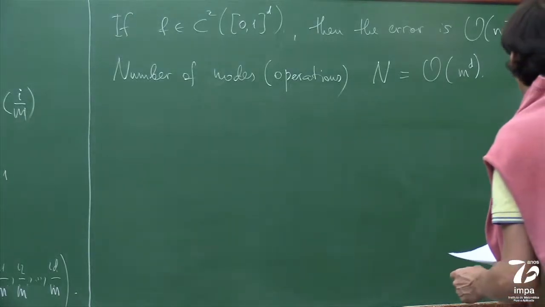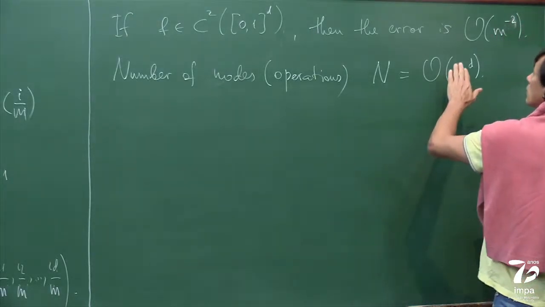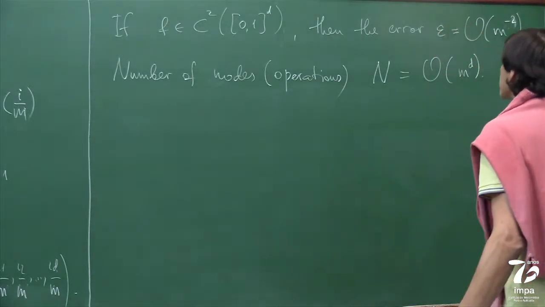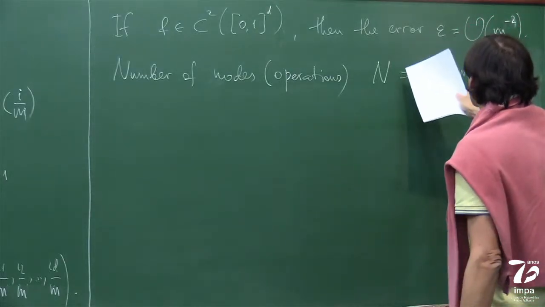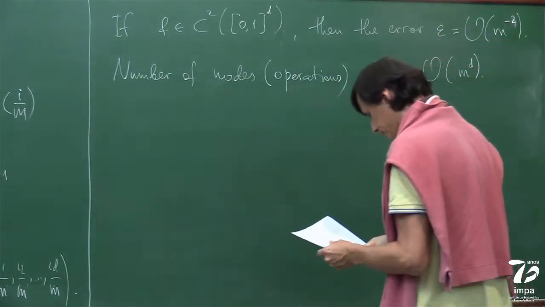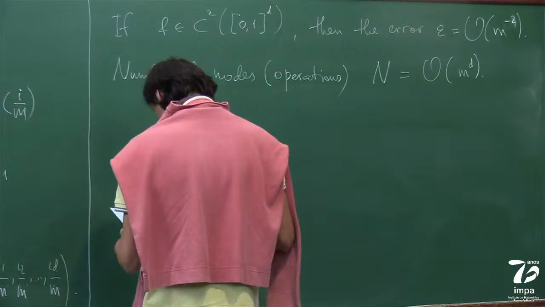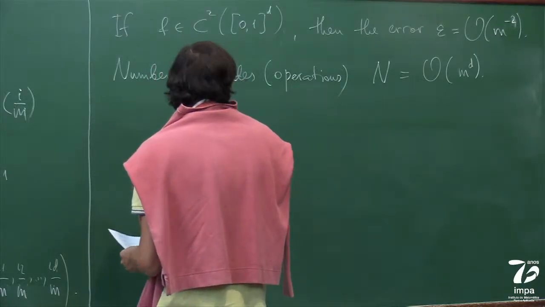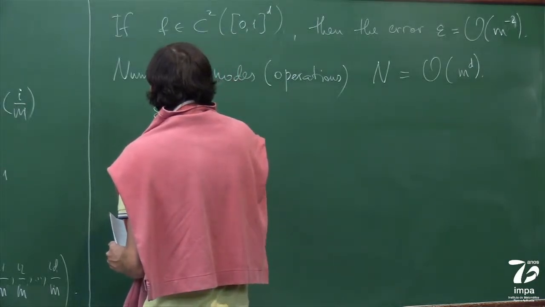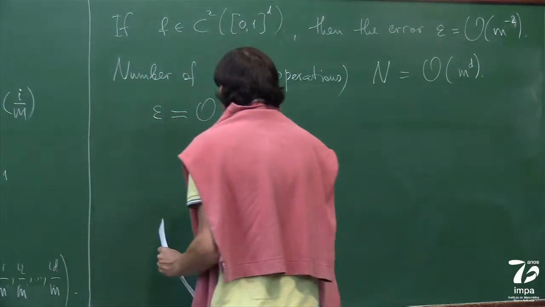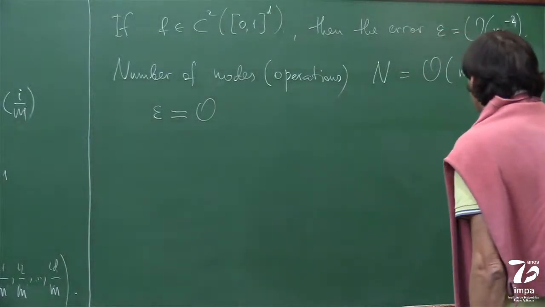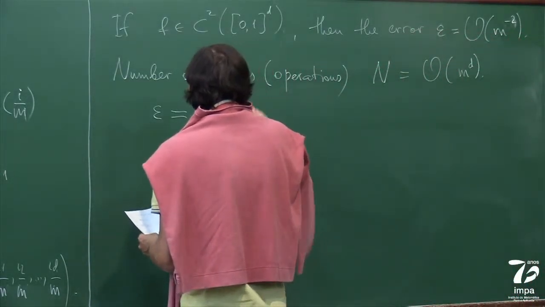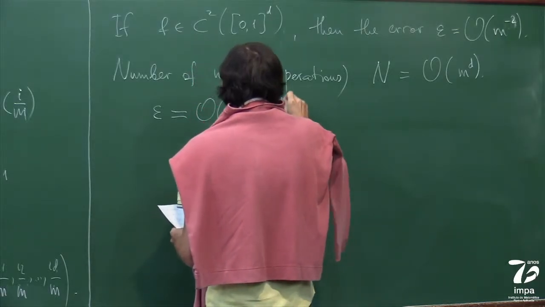Which means that now you can relate directly epsilon with N, and you can make a two-sided estimate. The error we can approximate in terms of number of operations: it will be N to the power minus 2 over d.